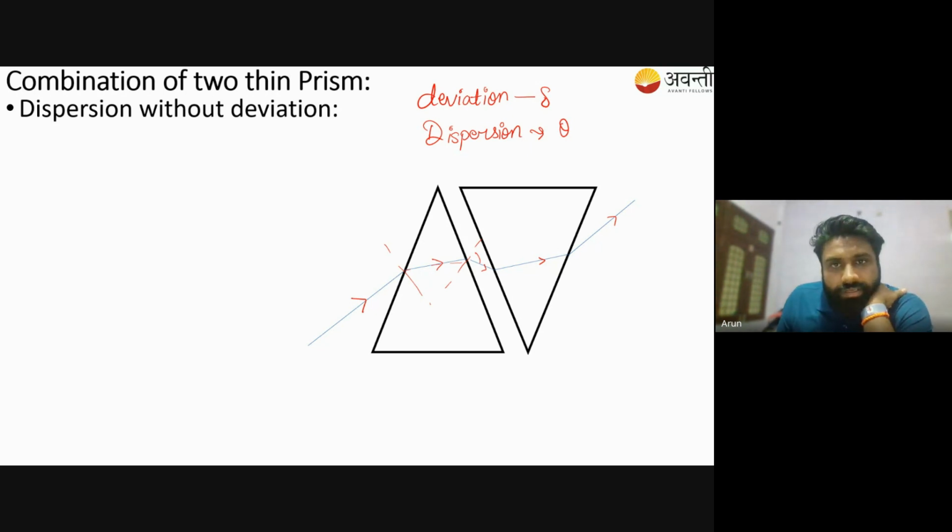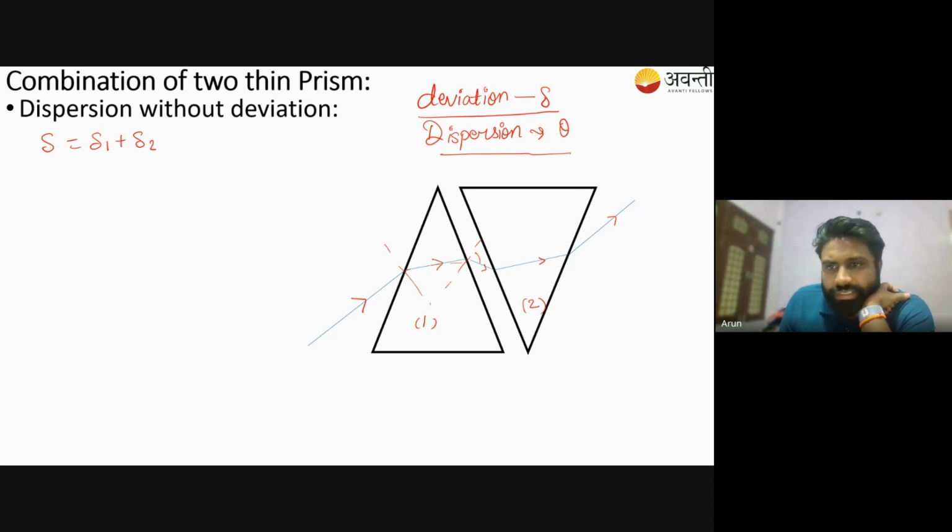So in this concept, if we combine two thin prisms, what should be the value of dispersion if we do not consider deviation? The value of deviation here is del 1 plus del 2, deviation by prism number 1 and deviation by prism number 2, and that is the concept that we are learning since the first lecture.